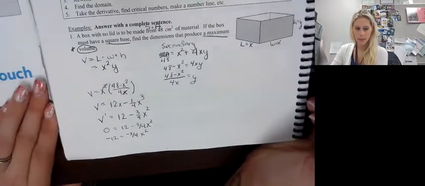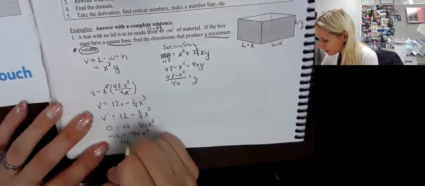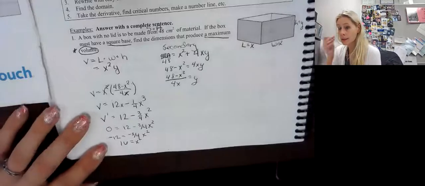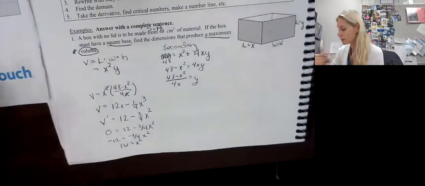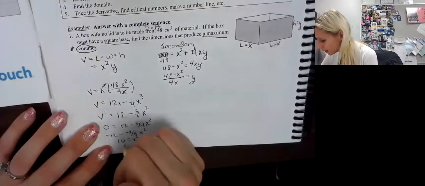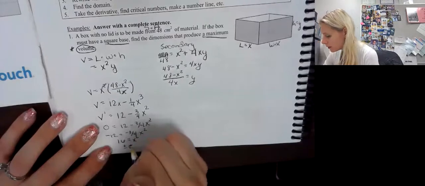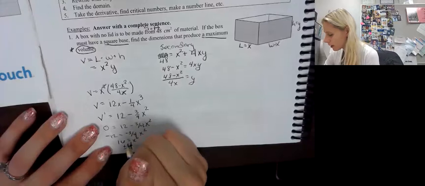Divide both sides by 3/4. We get 16 equals x squared. Now be careful, because some of you guys made this mistake on the last test. When you solve for x here and you take the square root, how many answers do you actually get? You get 2. You get plus or minus 4. What am I doing? Don't use pen while doing math.